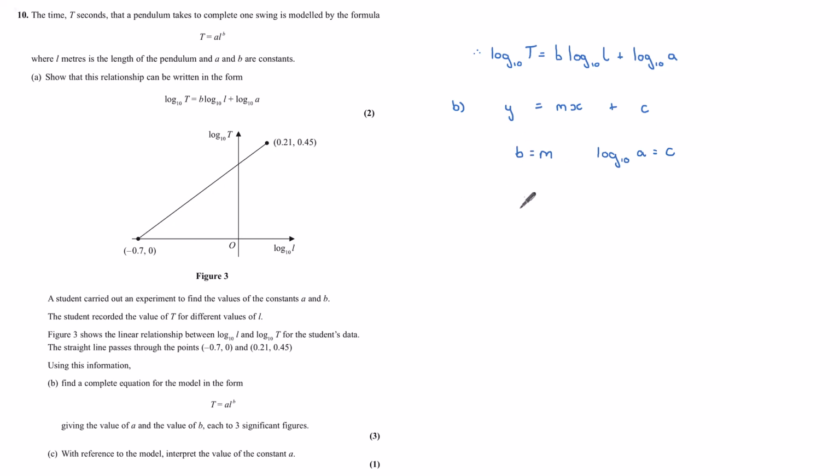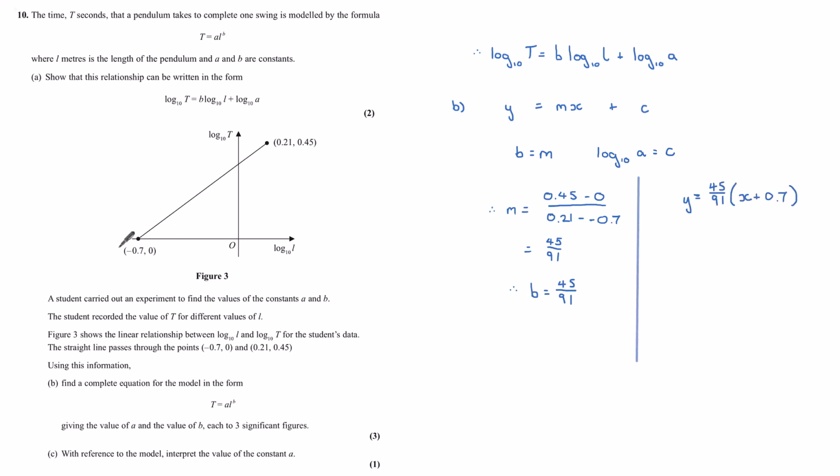Well, starting with the gradient of this line, it is going to be y1 minus y2, so 0.45 minus 0, divided by 0.21 minus negative 0.7, which gives me a gradient of 45 over 91. Now, as we've said, b is equal to m in this form, and so b is equal to 45 over 91.